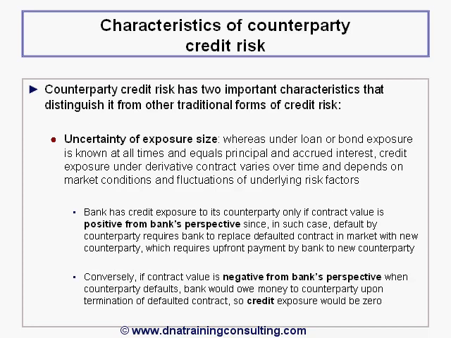Conversely, if the contract value is negative from the bank's perspective when the counterparty defaults, the bank would owe money to the counterparty upon termination of the defaulted contract, so credit exposure would be 0.